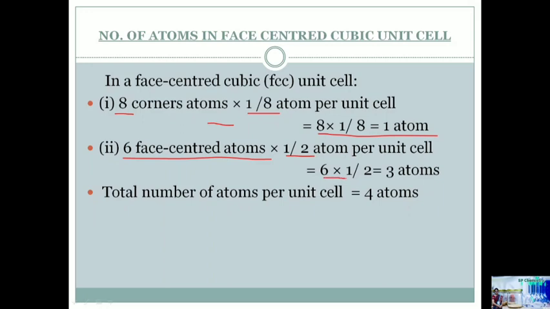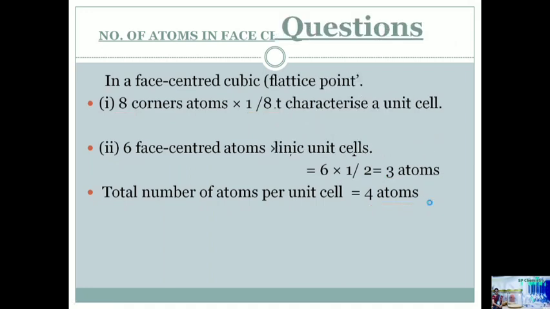So 6 into 1 by 2, that is 3 atoms. So as a whole, the total number of atoms per unit cell in FCC, that is face centered cubic unit cell, is 4. In this way, the number of atoms in primitive unit cell, body centered cubic unit cell and face centered cubic unit cell is calculated.